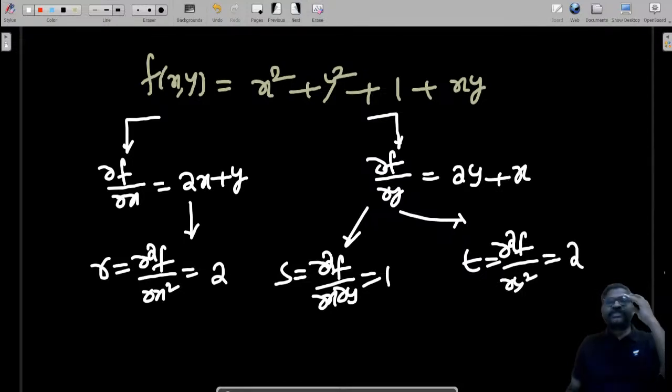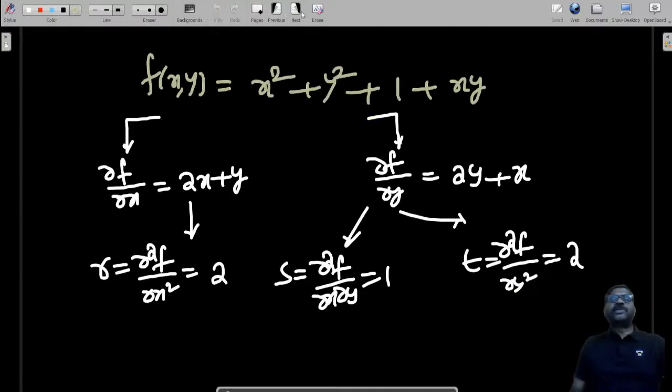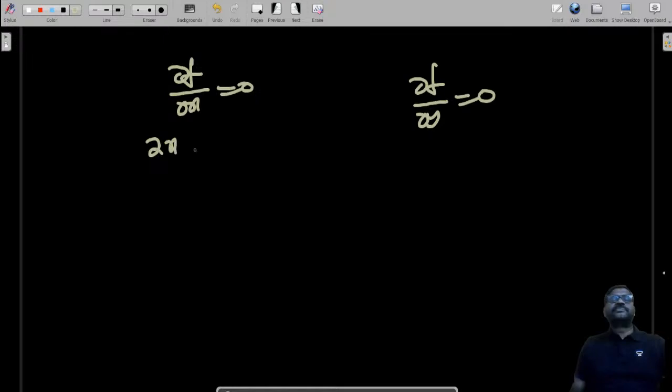Next, equate ∂f/∂x to 0 and ∂f/∂y to 0: 2x + y = 0 and x + 2y = 0.